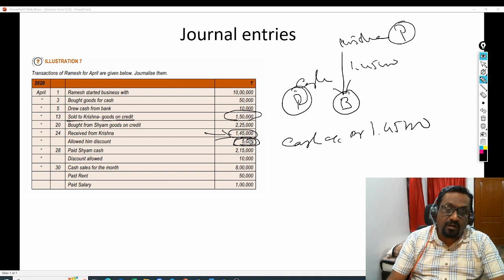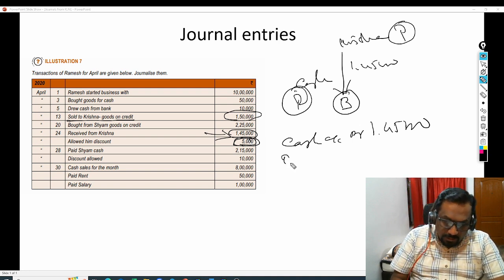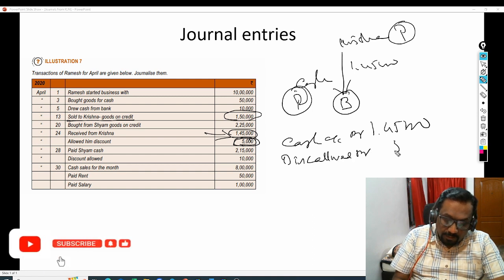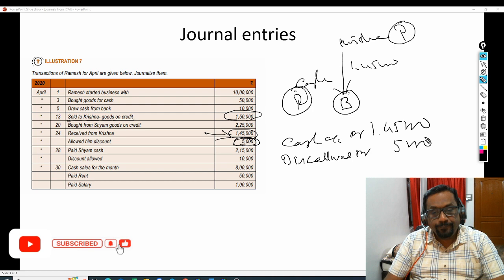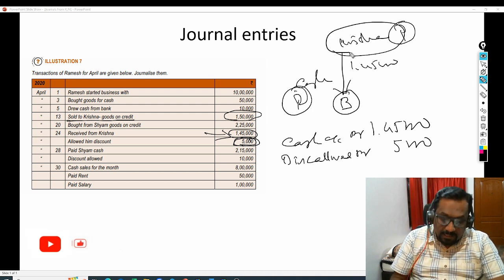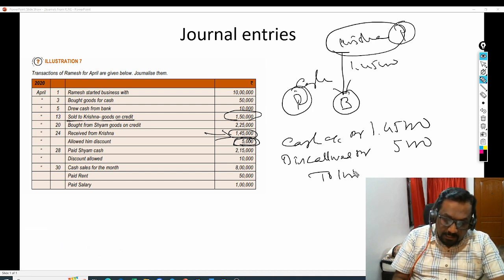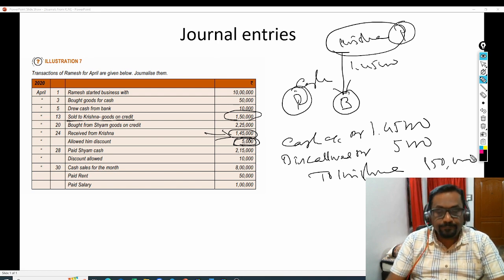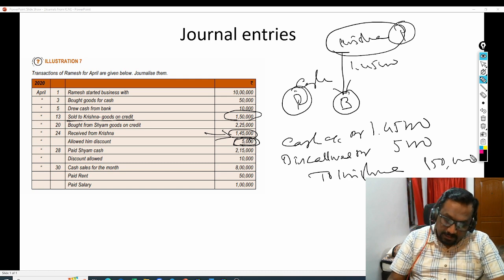All expenses and losses are to be debited as per nominal account. So discount allowed account debit 5,000. Right? Who is the giver? Krishna. Giver is to be credited as per personal account. Krishna account 1,50,000. Are you clear? Right. This is the entry.